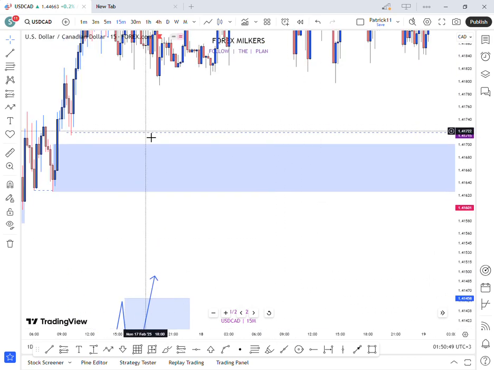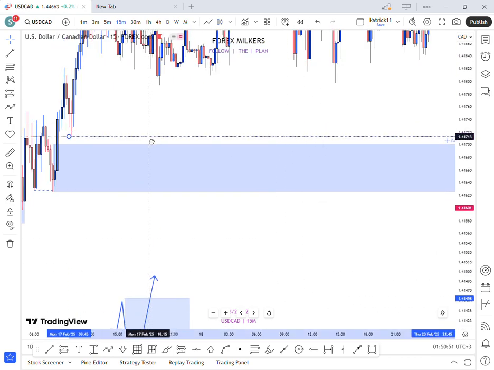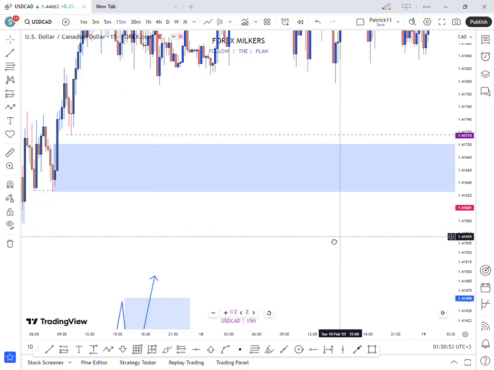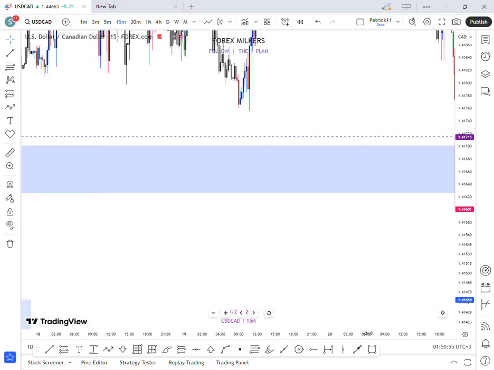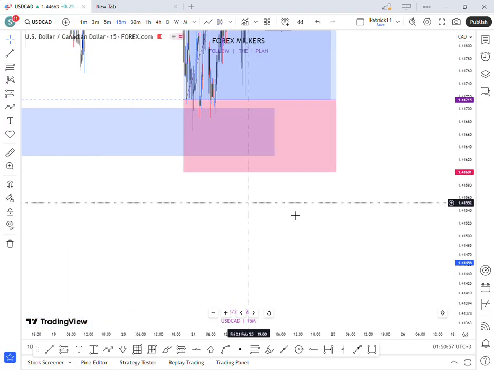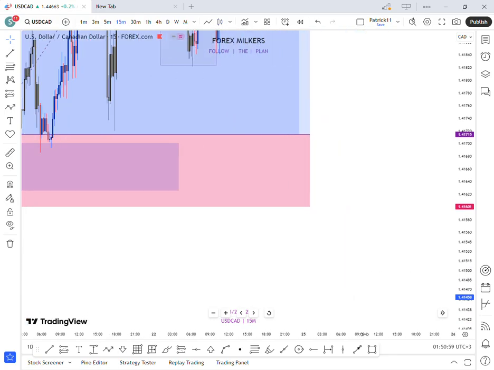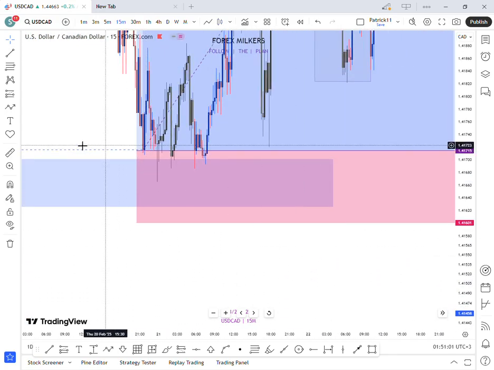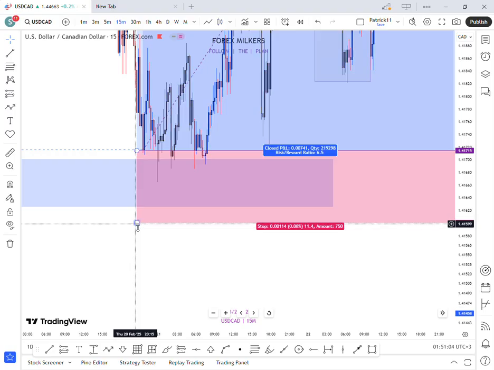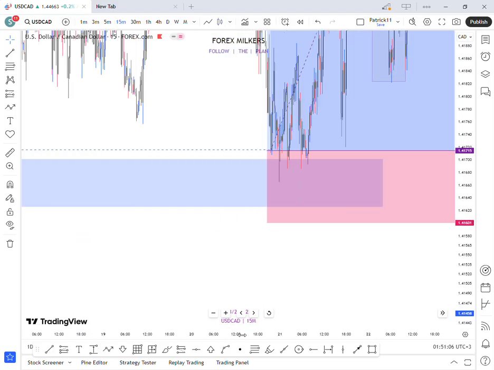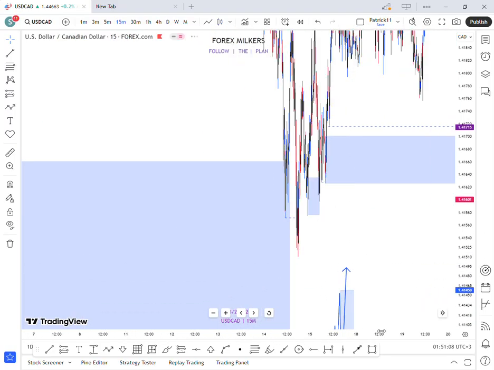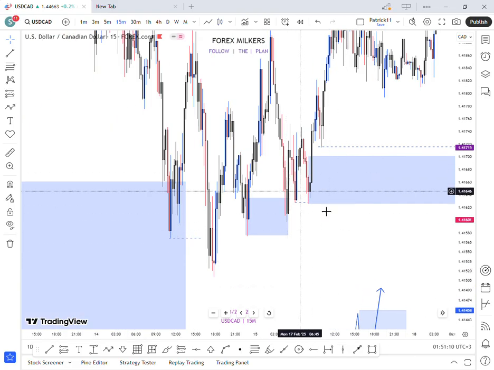So if you see, it's what I was doing. This pullback, I marked it as the liquidity, and this is what price did. After taking out the liquidity, I had my stop loss below the strong low, just as indicated over here.